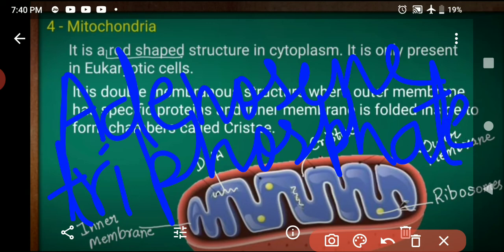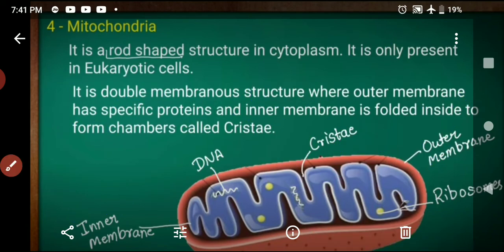Energy is released in the mitochondria in the form of ATP, adenosine triphosphate. So they are also known as the powerhouse of the cell. Mitochondria is known as the powerhouse of the cell, right?